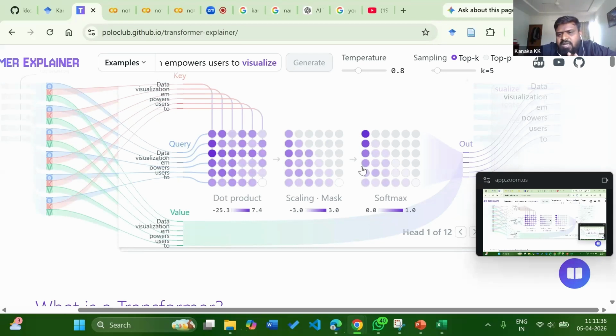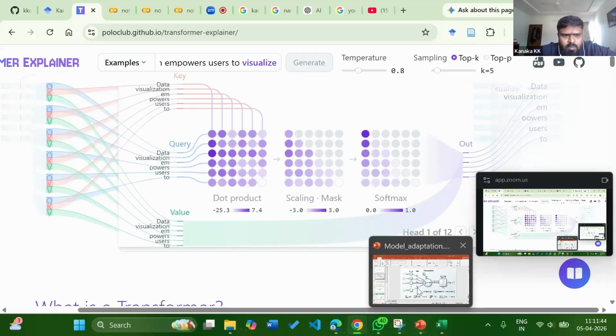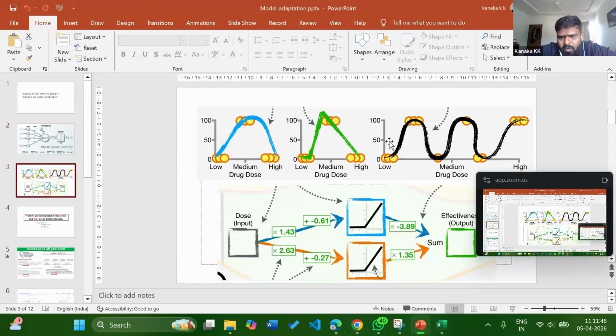Next comes the softmax. Softmax is a type of activation function. In the very beginning I was explaining about ReLU. The activation function being used in these hidden layers is ReLU, the rectified linear unit.